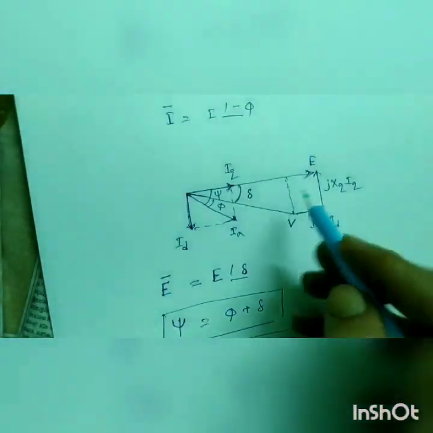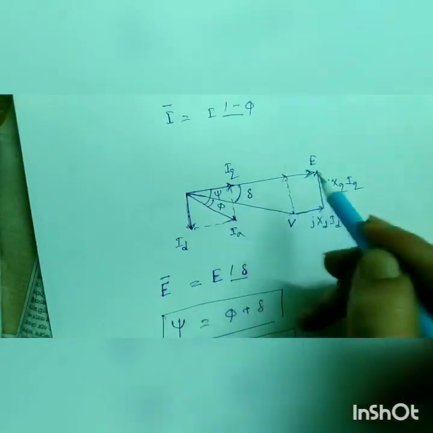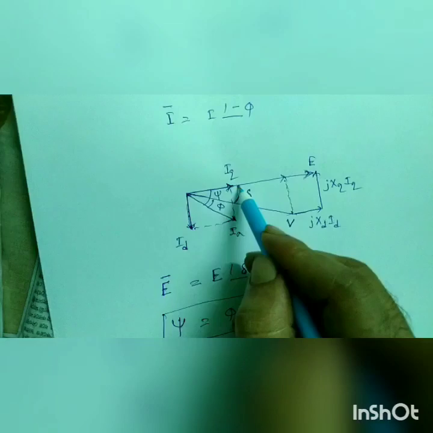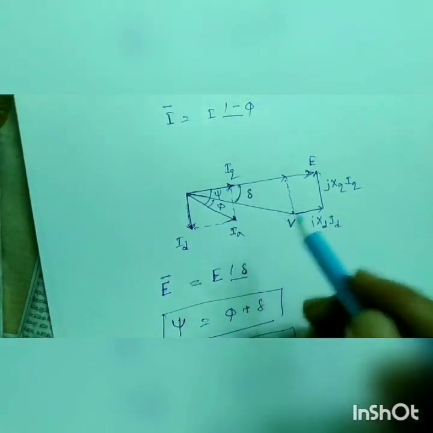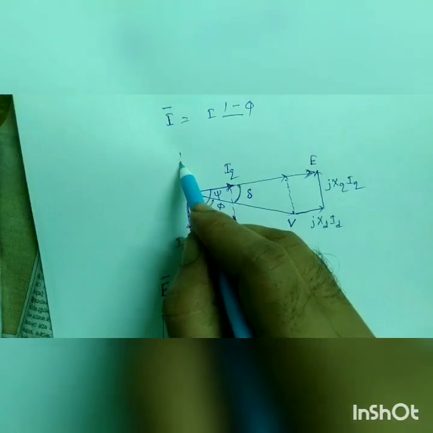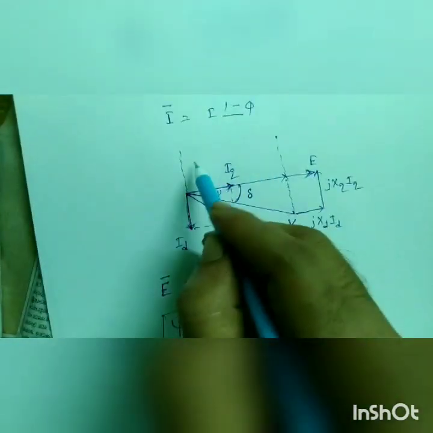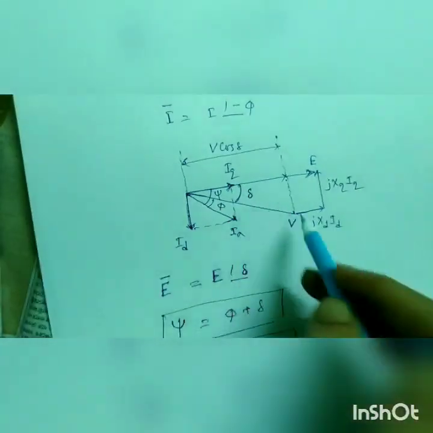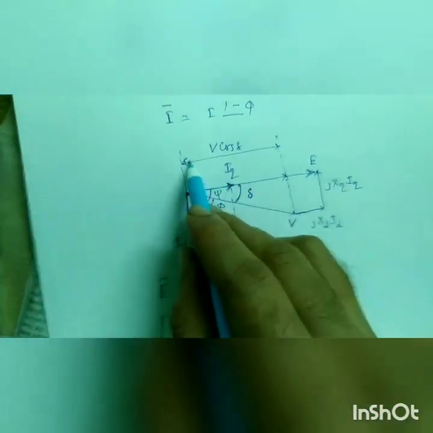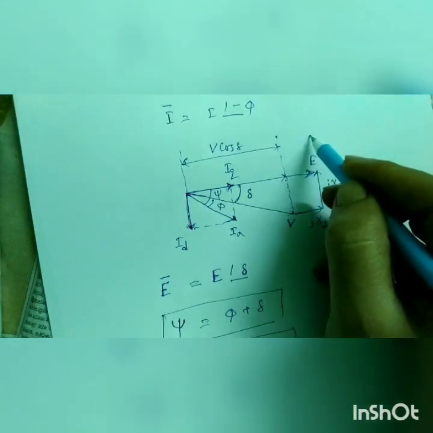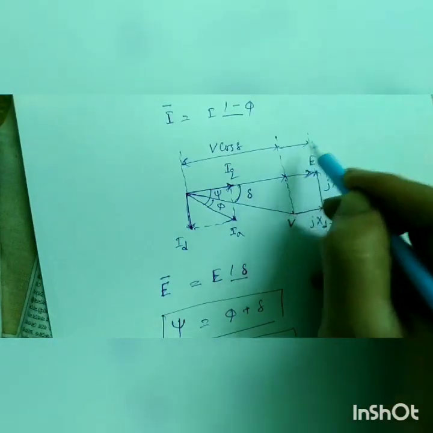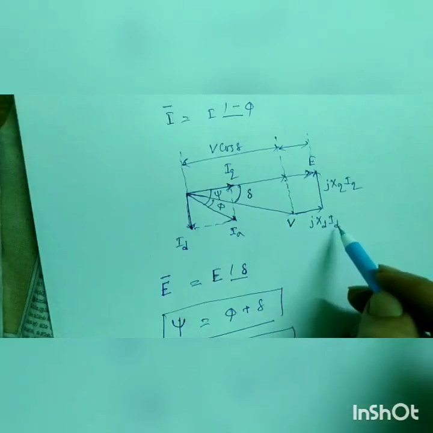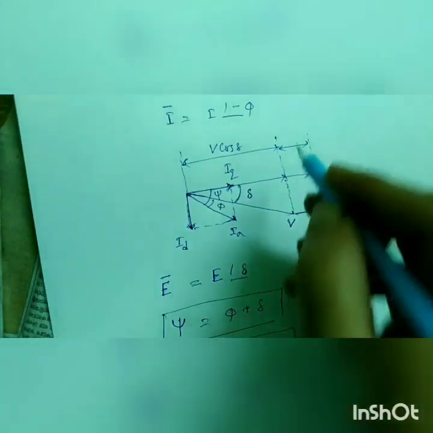From here you can see this is V. The angle between V and E is del. So this length is just V cos del, because the angle between E and V is del, and this length is XD ID.